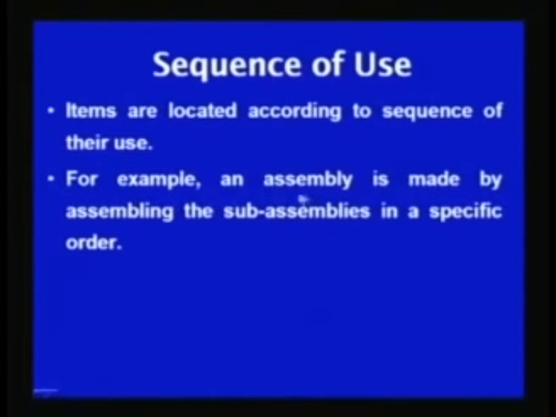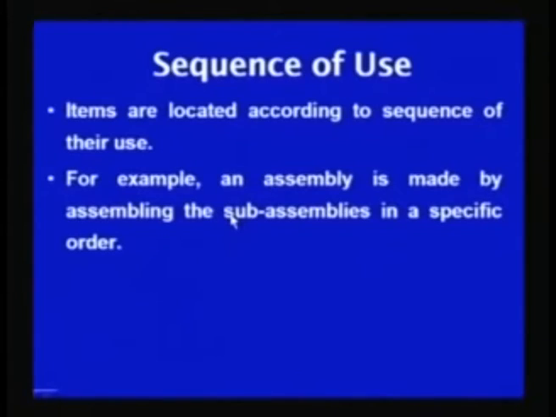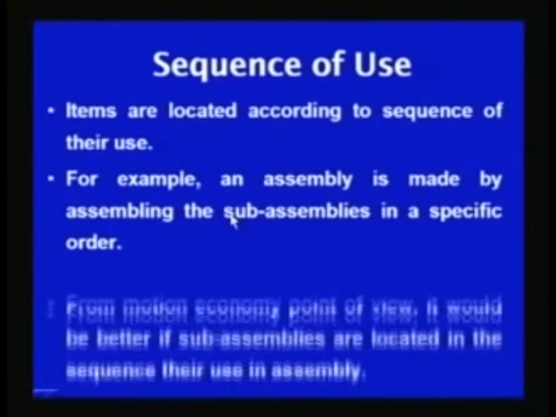For example, an assembly is made by assembling the sub assemblies in a specific order. In the same way, if the control devices are to be used in sequence, then accordingly they may be located either from top to bottom or bottom to top, or left to right or right to left. So, based on the sequence of use, the control devices can be located.